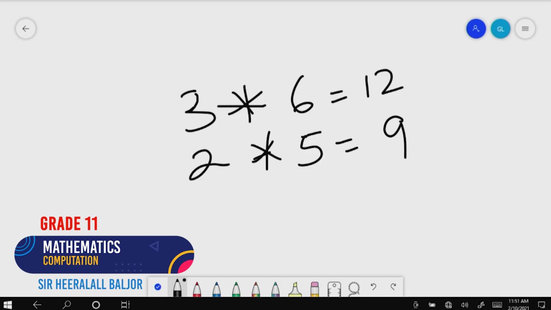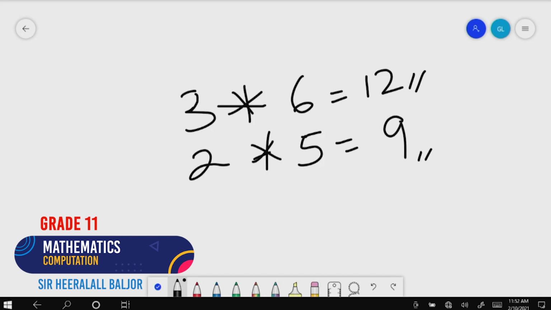So what we need to do is use the method of elimination and go through the options to see which one of them will satisfy.